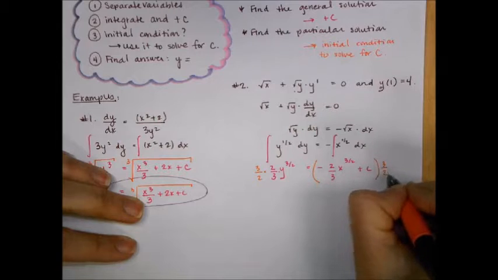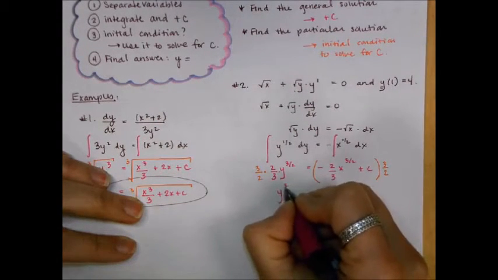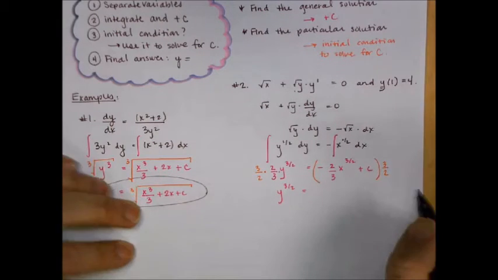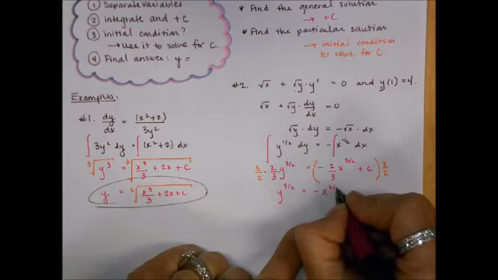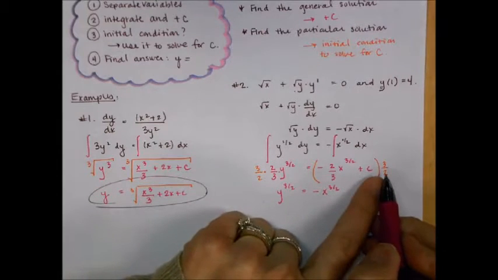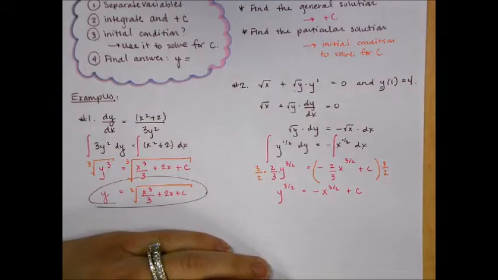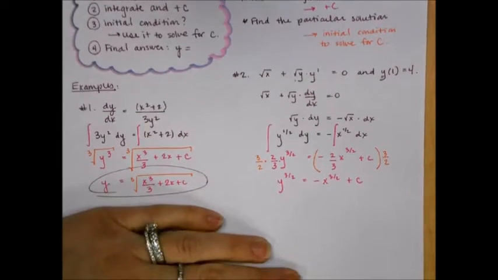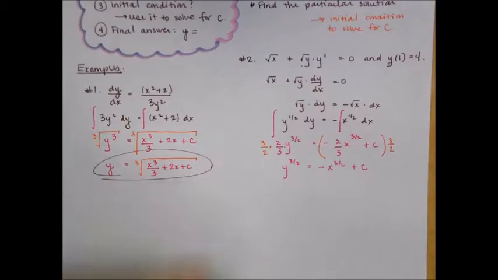So that'll leave me on the left with y to the 3/2, and on the right side a -1 coefficient, x to the 3/2, and then my constant times a number is still just plus c. Since I don't know what that number is yet, I can't multiply it by the 3/2. So it's just c times a number is just another constant c.